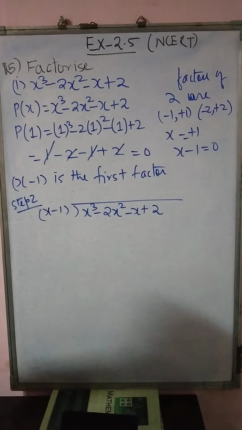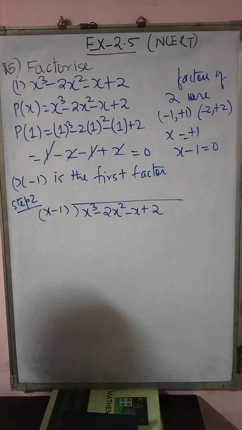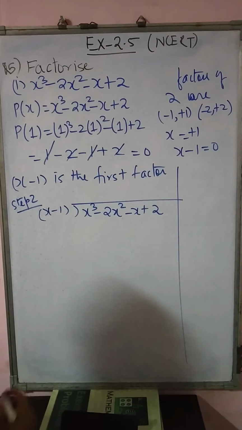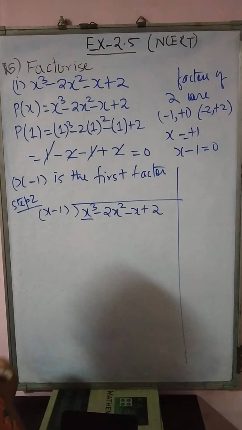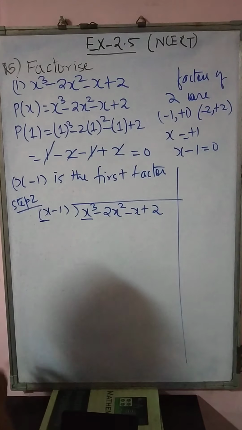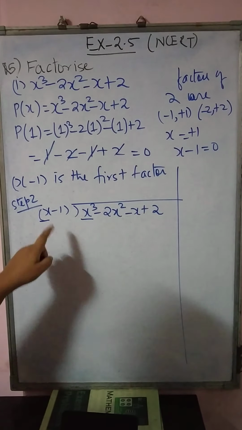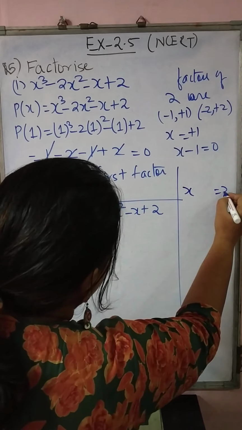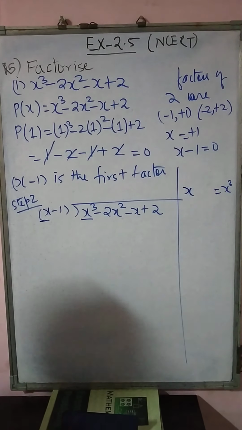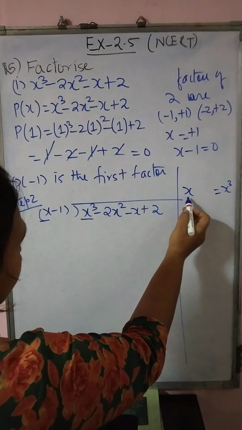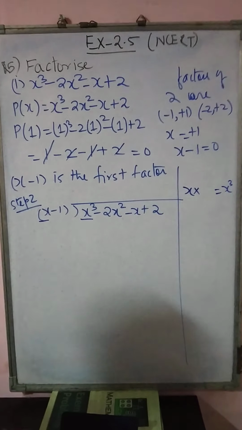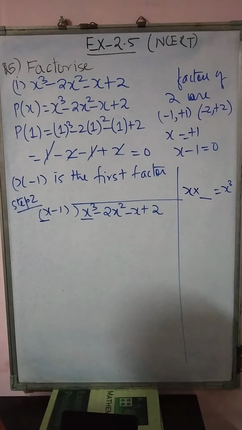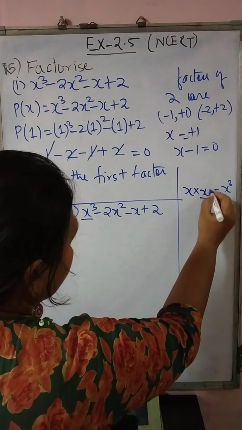Now you have to check the first term of the dividend and the first term of the divisor. What is the first term of the divisor? x, and the first term of the dividend? Plus x cube. So listen very carefully. x should be multiplied by which term so that you get the answer as x cube? So it should be multiplied by x squared.